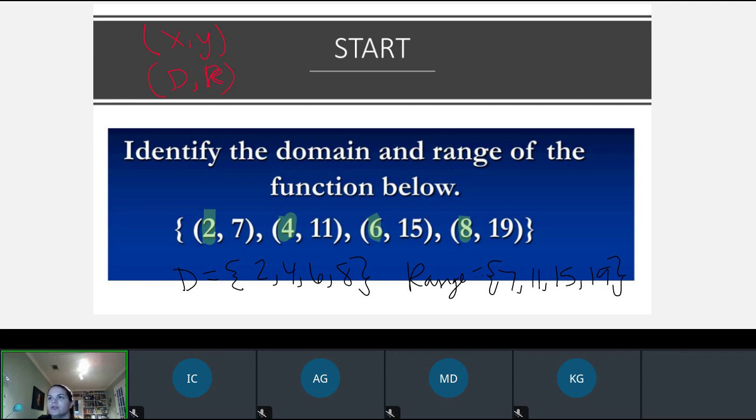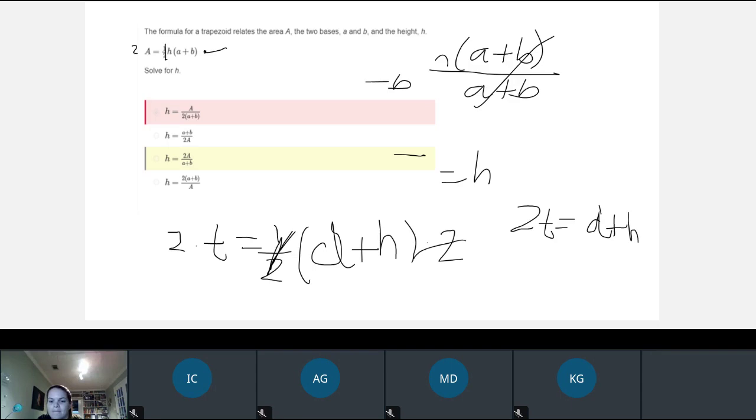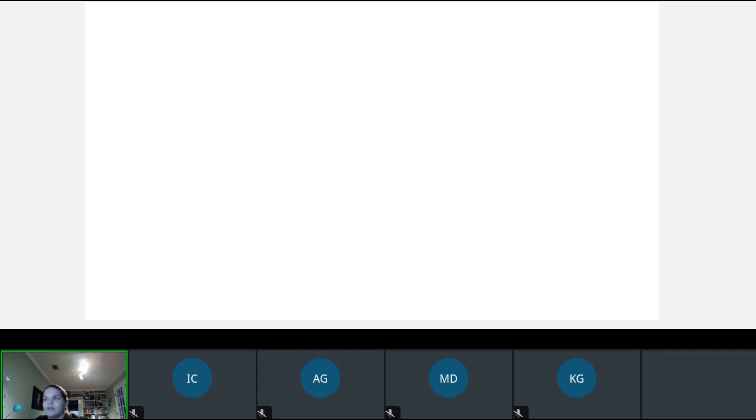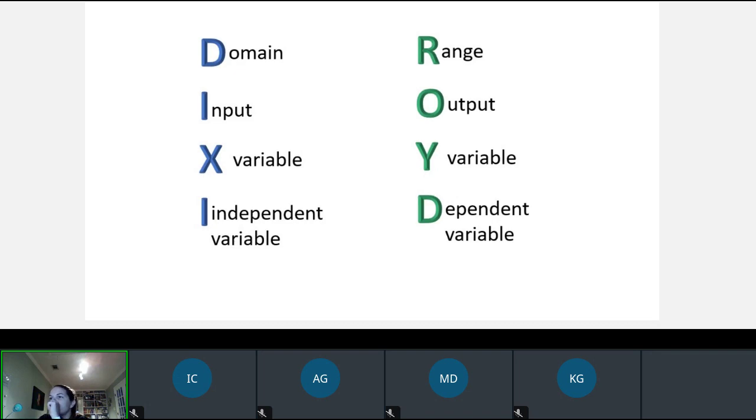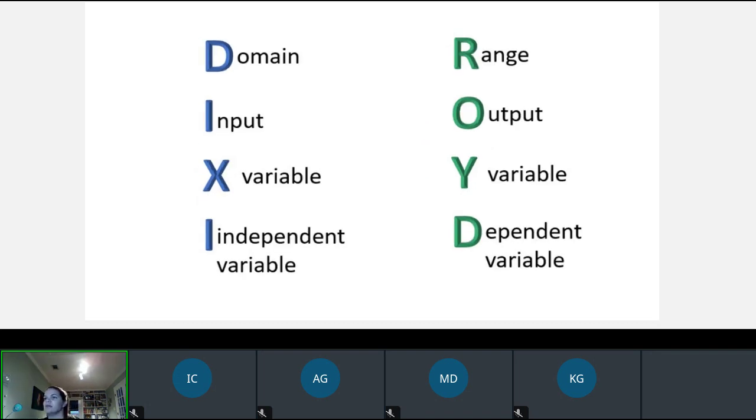Real quick, I'm going to let y'all write this down. I got to switch over to my whiteboard, but this is kind of a mnemonic device. Maybe if I can paste this image. So last week we talked about input, output, domain and range, independent versus dependent variable.